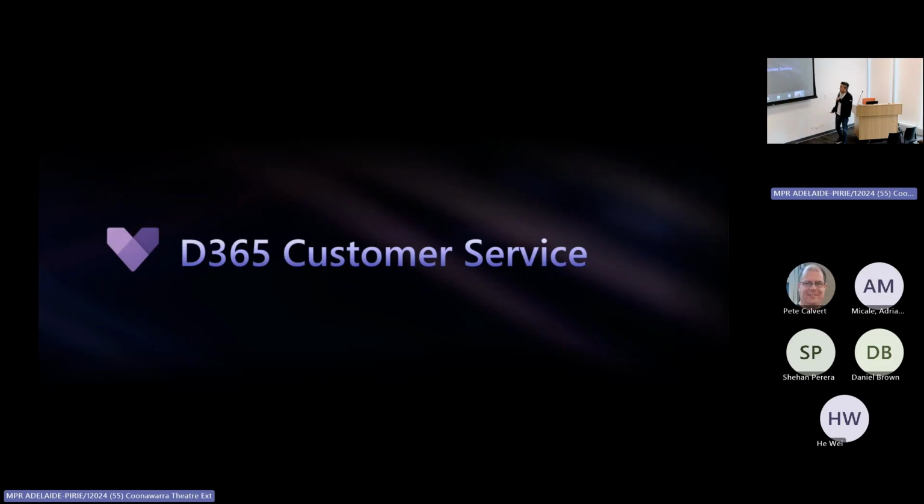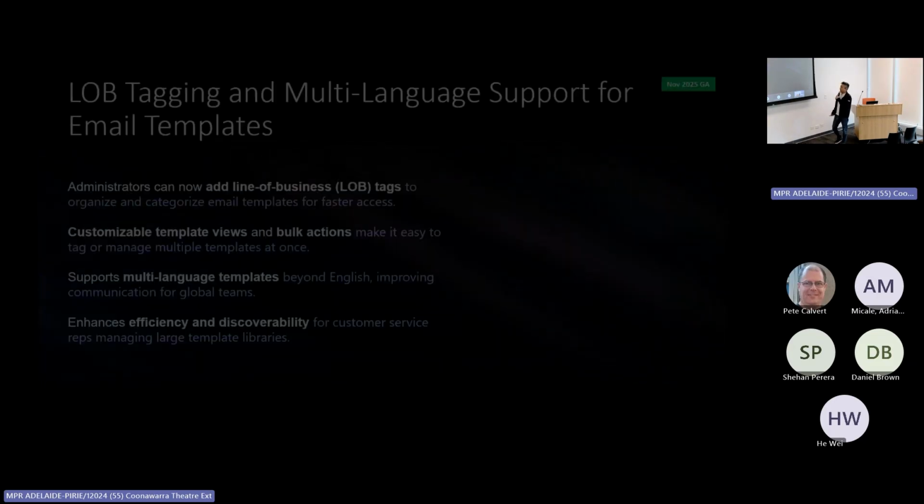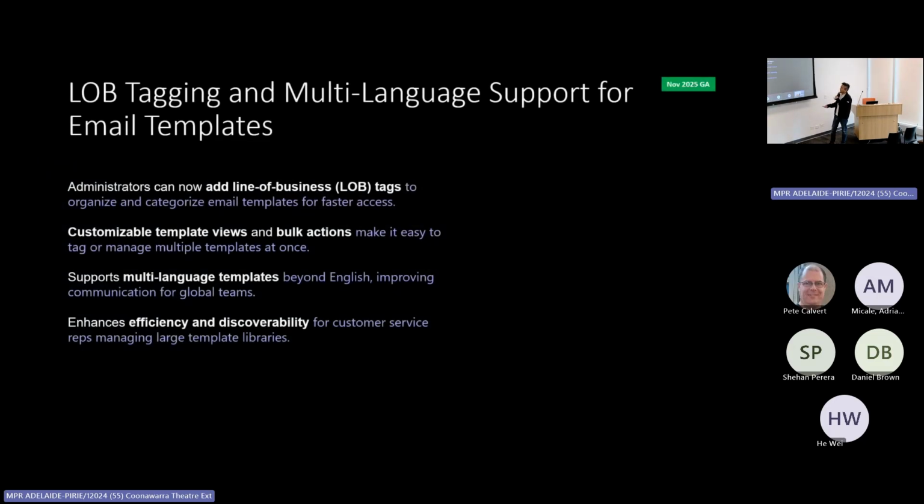All right, moving on to D365 customer service. We now have the ability to manage email templates and categorize them. There might be the ability to tag them and say these email templates relate to a hot water service versus another issue.